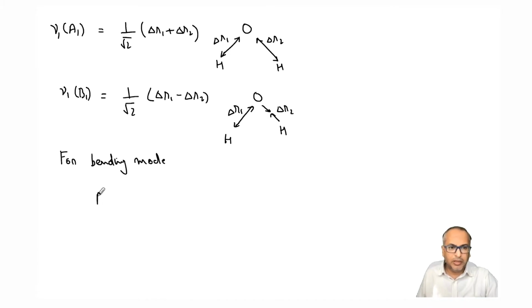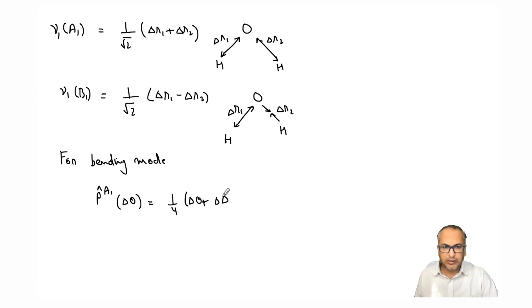If I apply projection with A1 symmetry onto delta theta, we have only one basis vector in this case, delta theta. So what we get is delta theta plus delta theta plus delta theta plus delta theta, which gives you delta theta overall, right?